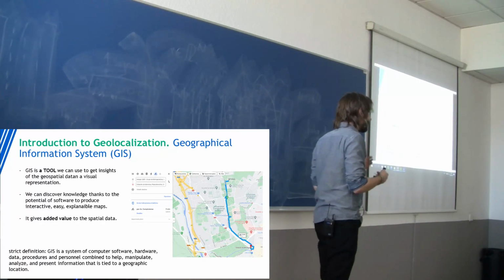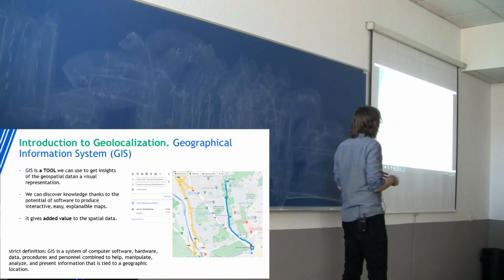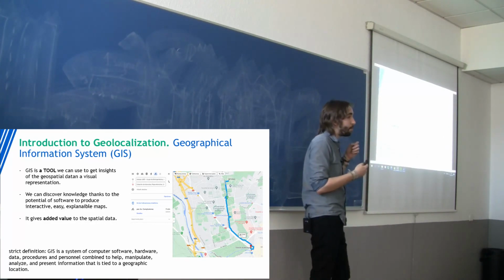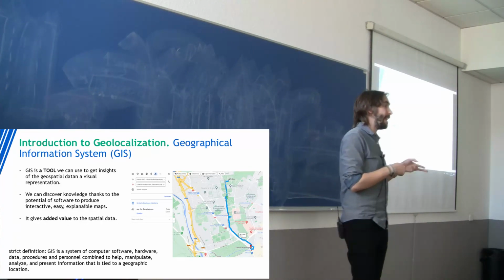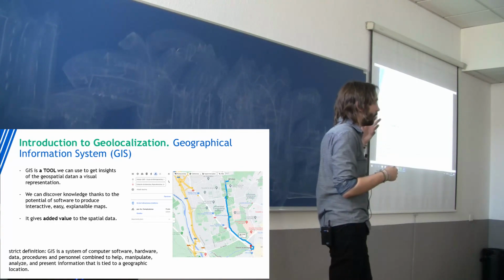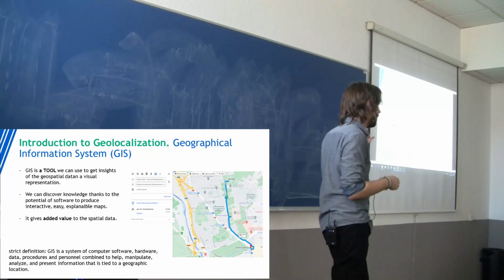With this kind of tool, we can discover and get knowledge thanks to the potential of software that should be interactive, easy, and explainable. That's what we would like to ask of this kind of software, the GIS.